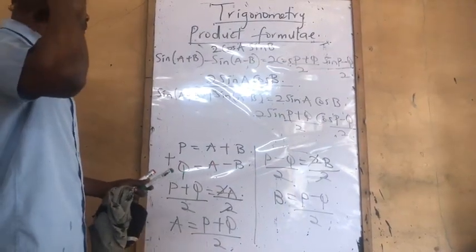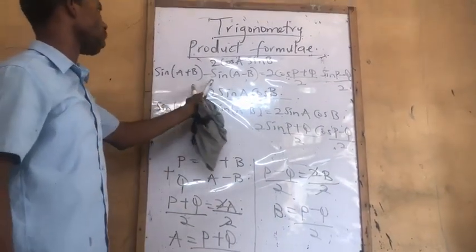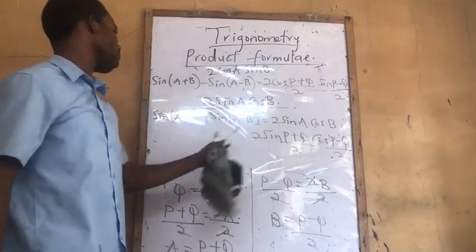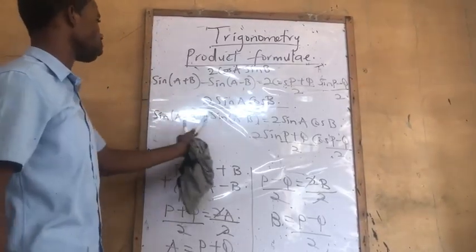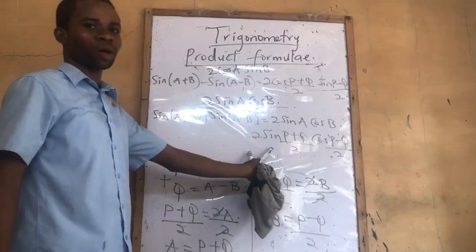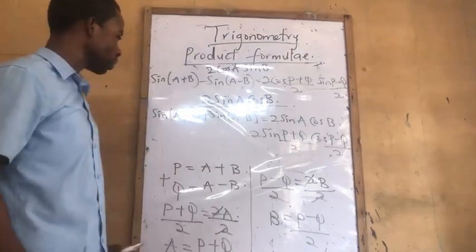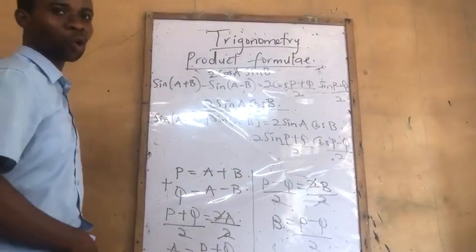That is the formula for sine A plus B minus sine A minus B. But for the addition, sine A plus B plus sine A minus B, this is the formula.